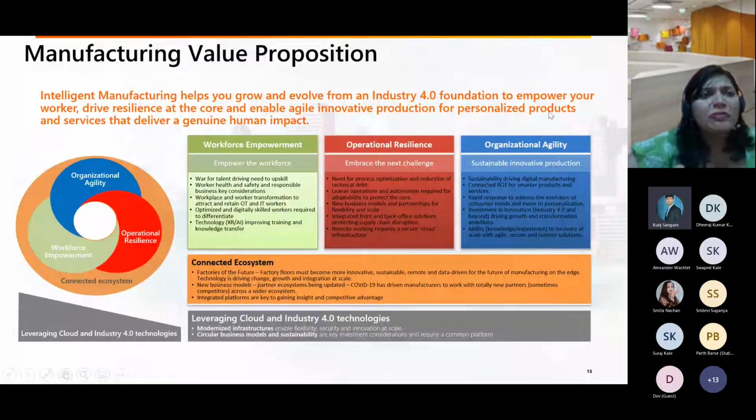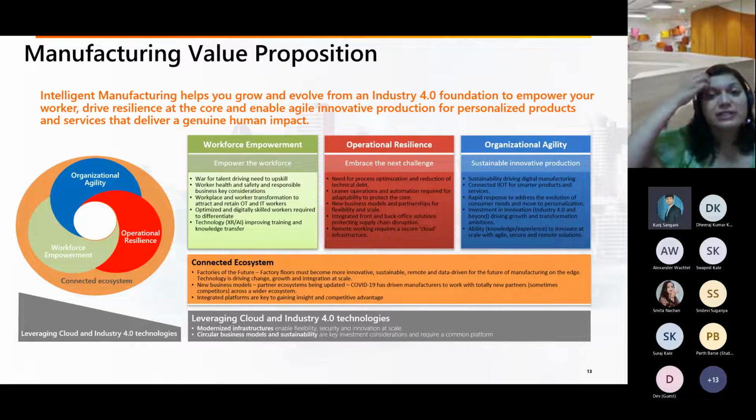When we talk of the manufacturing value proposition, we talk of workforce empowerment, resilience, meaning your willingness to change and embrace the next challenge, and organizational agility, meaning your willingness to thrive in a changing environment, and then your support for sustainable and innovative production. This is what is targeted by Industry 4.0 and the smart factory.